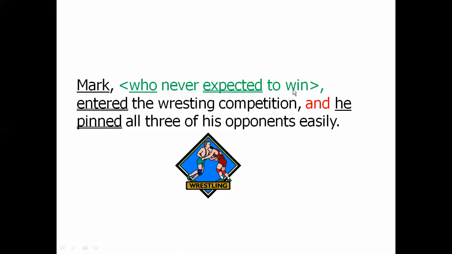So it has 3 separate sets of subjects and verbs. Mark entered, he pinned, who expected. So this sentence is compound and complex. It is a compound complex sentence, and we know it is because we found both step 1 and step 2.